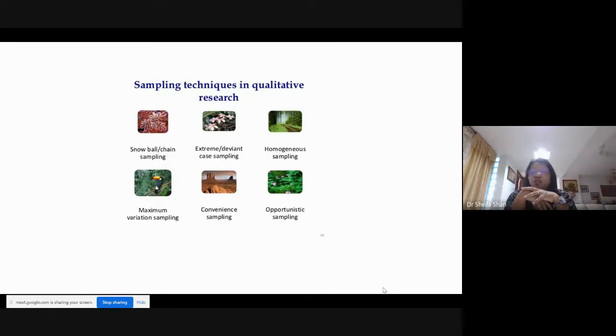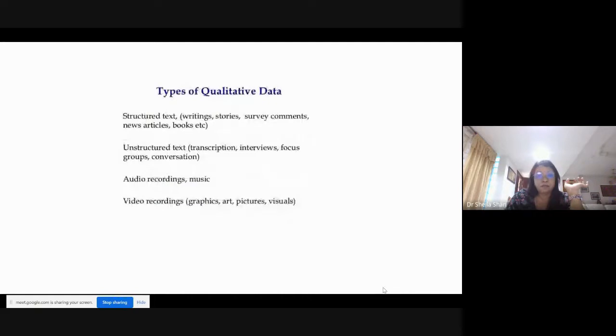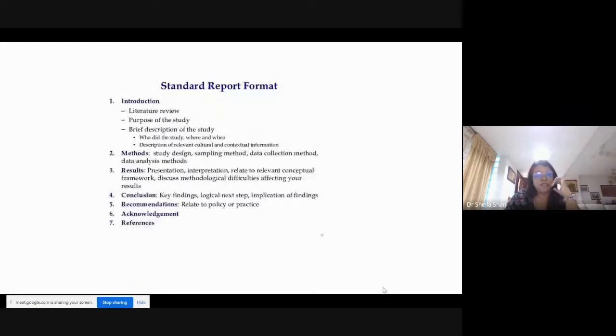In PIDC, we do convenience sampling because the patients are there. It is already convenient, so we are doing convenience sampling. Opportunist sampling. These are techniques in qualitative research. All right. So here I have covered just now.